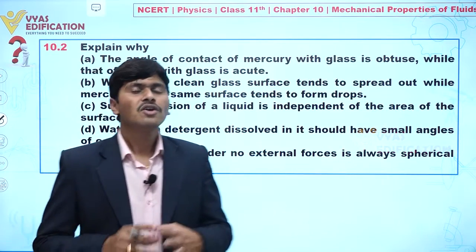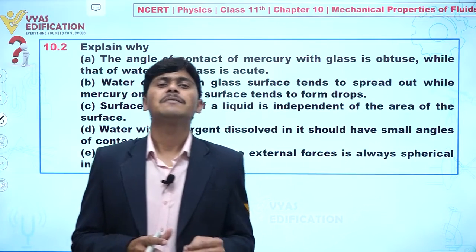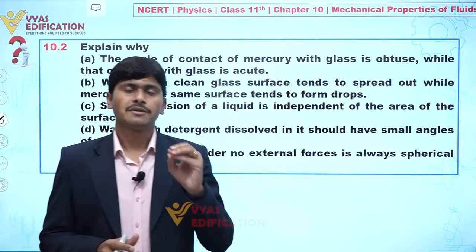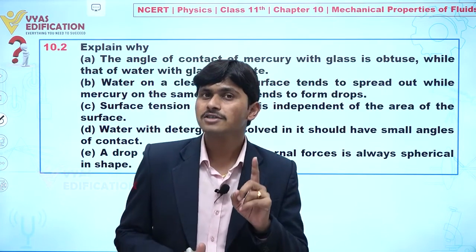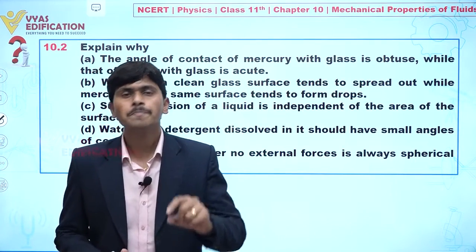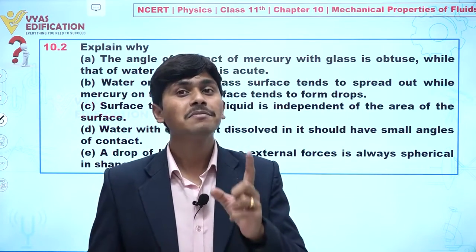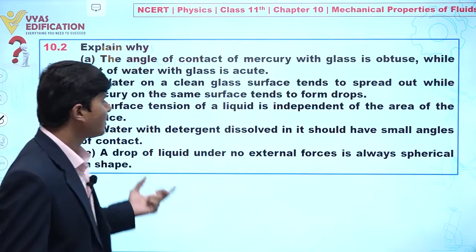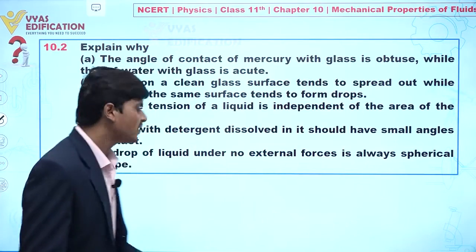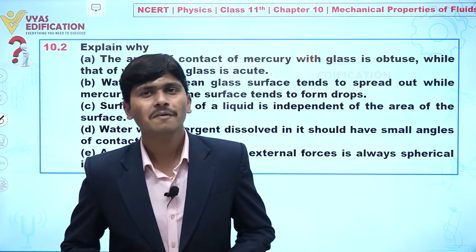For a given volume, a sphere has the minimum surface area. That's why a drop of liquid under no external force is always spherical in shape. So this is all about this question.